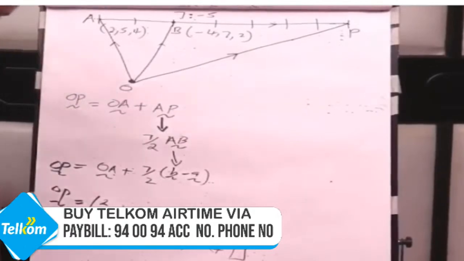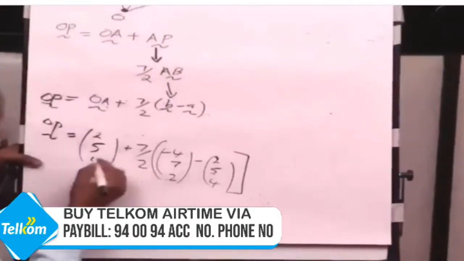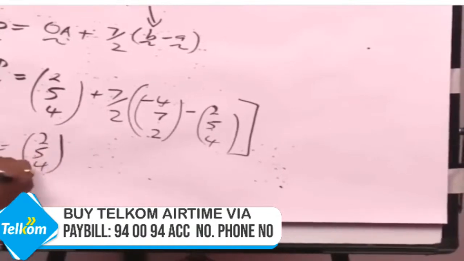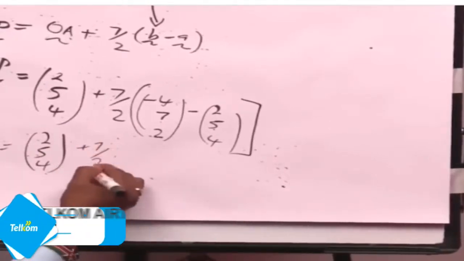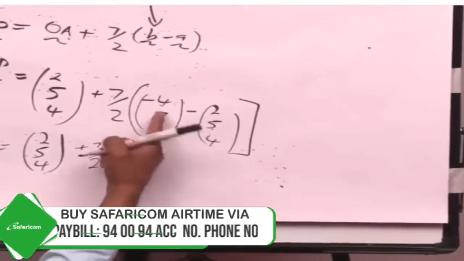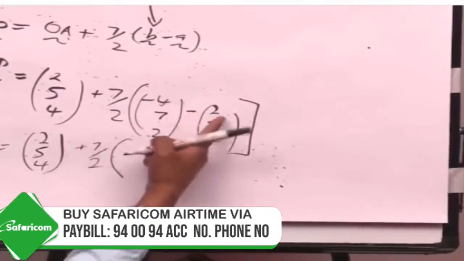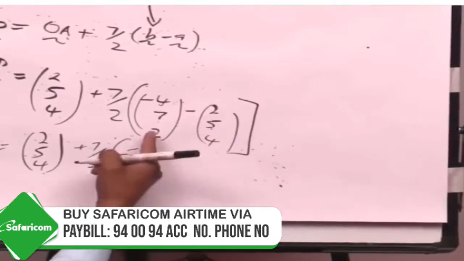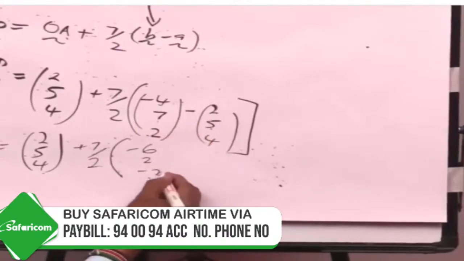From here, 2, 5, 4 plus 7 over 2, then solve what is inside here. Minus 4 minus 2 is minus 6. 7 minus 5 is 2. 2 minus 4 is minus 2.